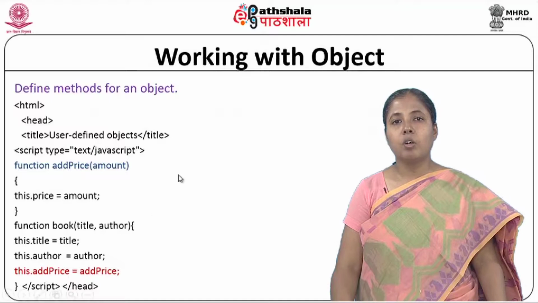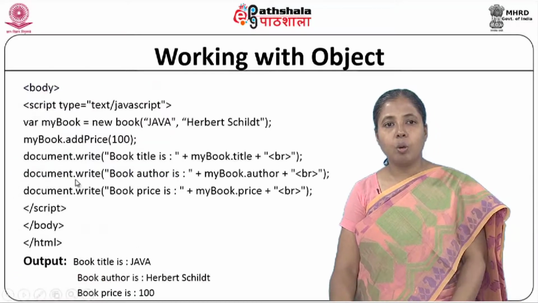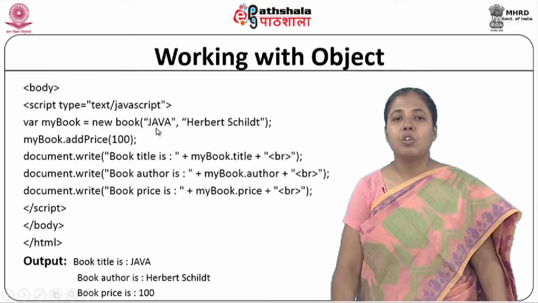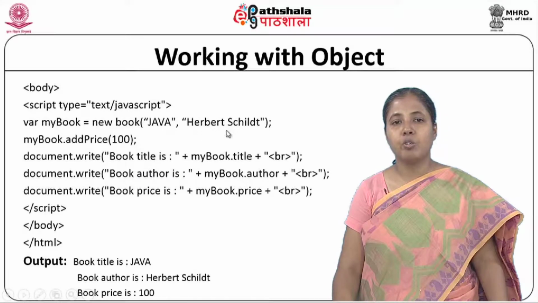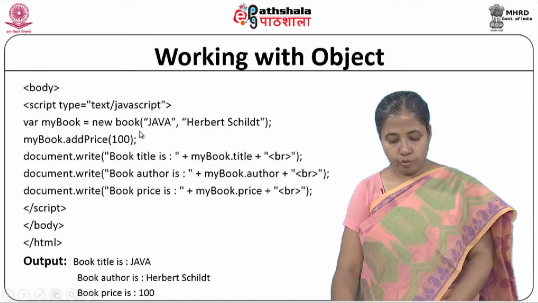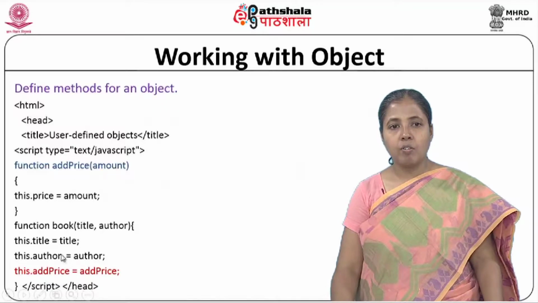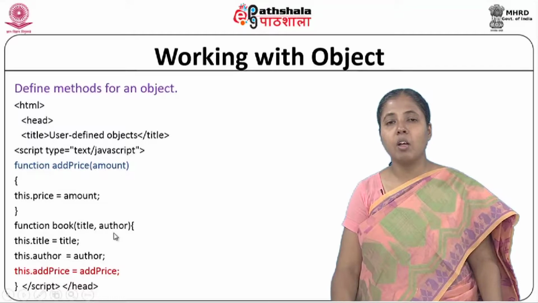To work with objects, we also need to know how to define methods for an object. Here you can see that we create an object called myBook. myBook is an object which takes two values, Java and Herbert Schildt. This user defined object called book is defined as a function here. You can see function book, which takes two things, title and author.